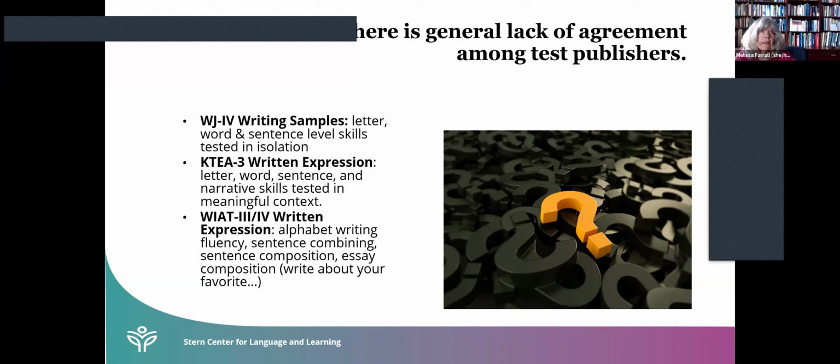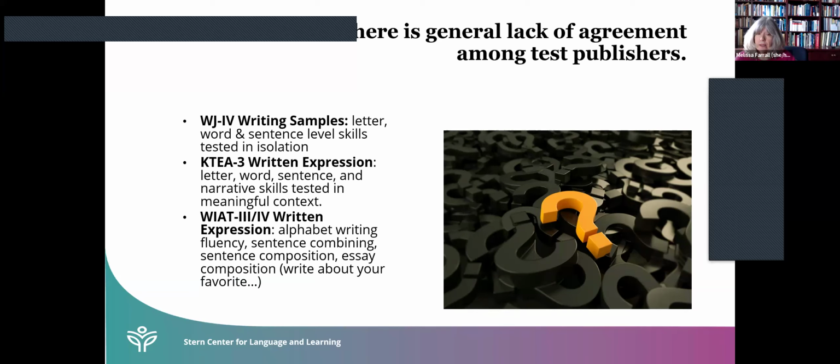So remember, when we look at tests, we not only have to look at them for their technical competence, and are they reliable, but we have to look at, is it a valid measure of the thing that we're trying to assess? And can we draw really good conclusions from it? So I'm just going to put this question out there with the Woodcock-Johnson writing samples.